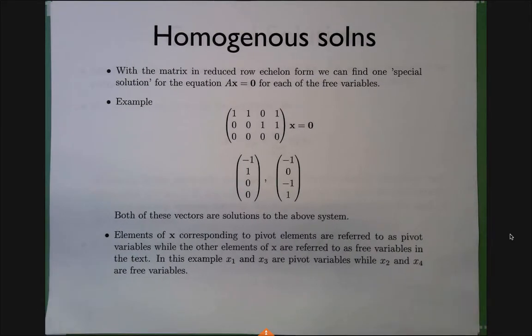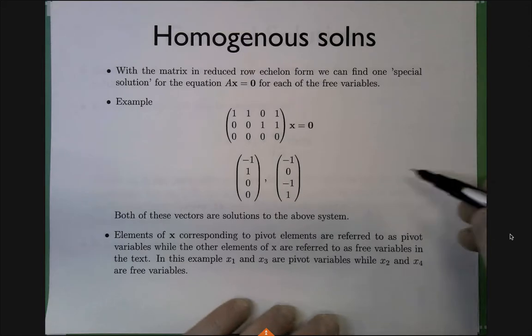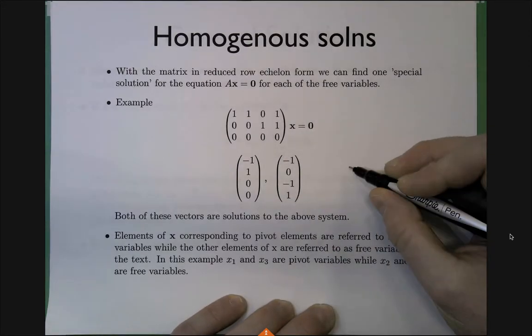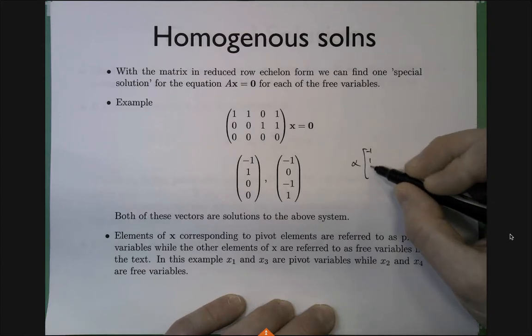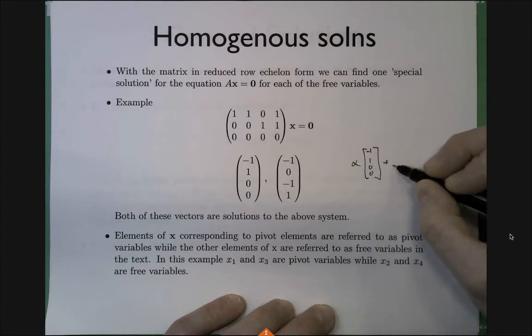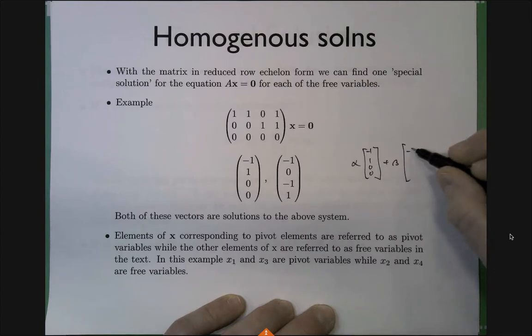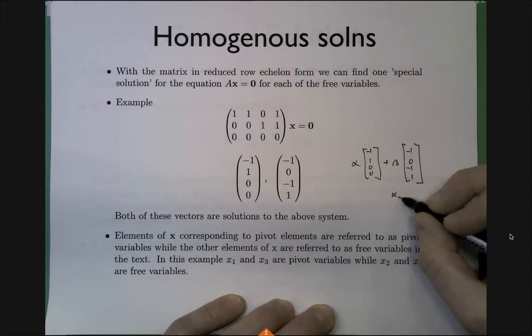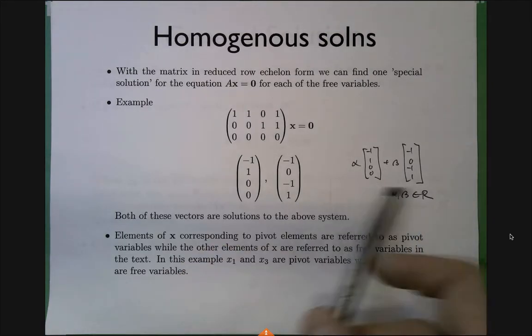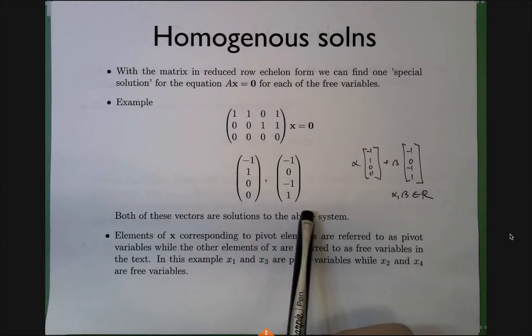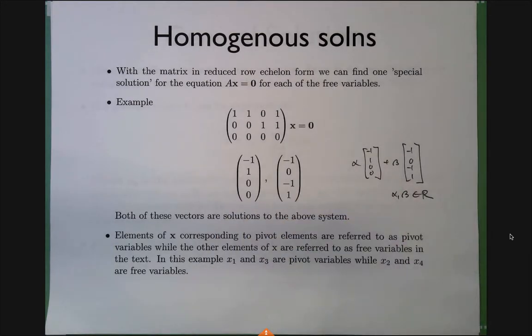Or, let me first say that a general solution to the system I could write in the form of alpha times (minus 1, 1, 0, 0) plus beta times (minus 1, 0, minus 1, 1), where alpha and beta are arbitrary scalars. Because if I do a linear combination of them, I still get 0. If I multiply them by something, I also still get 0.